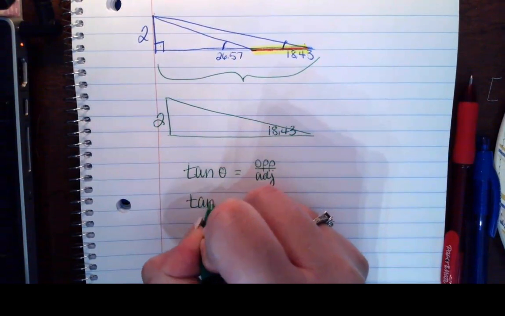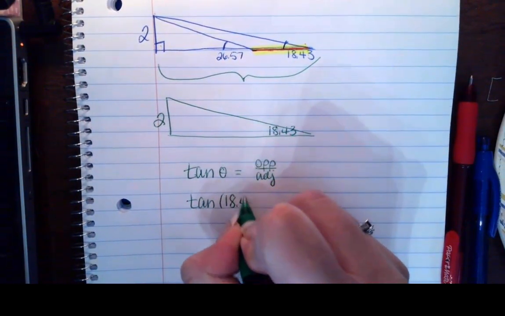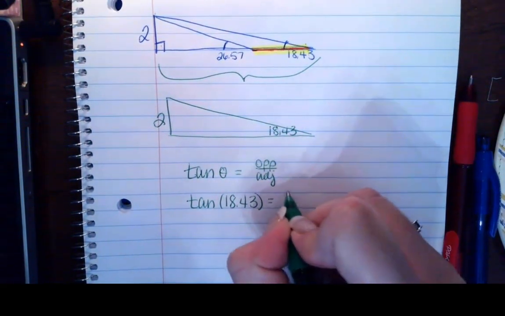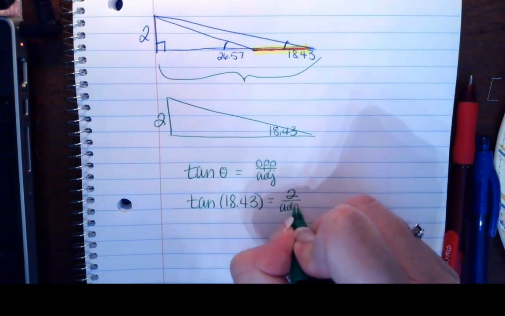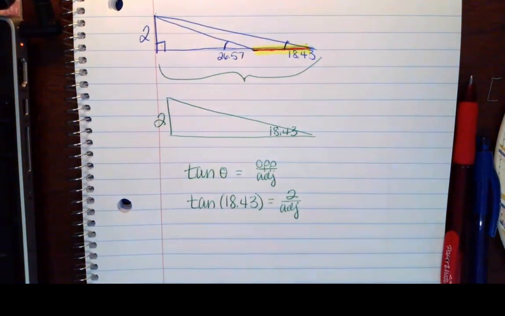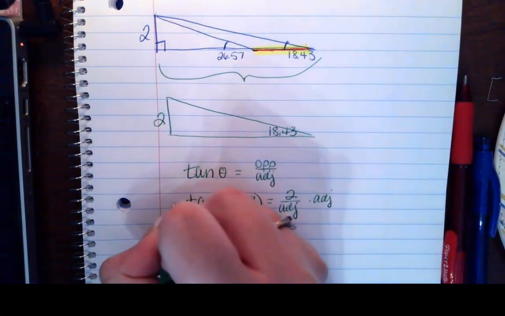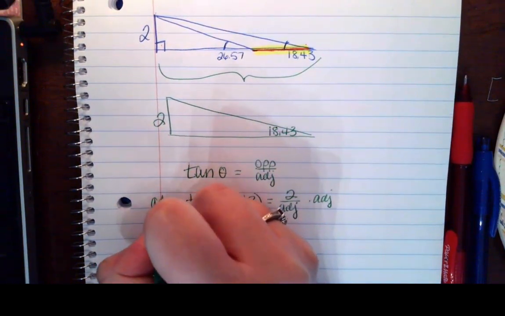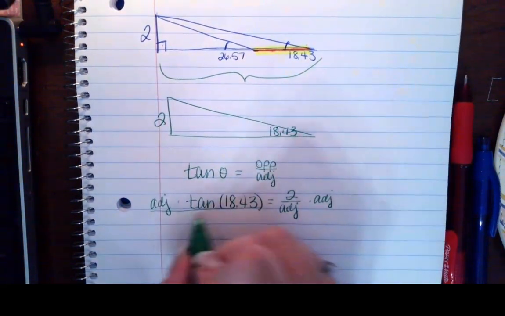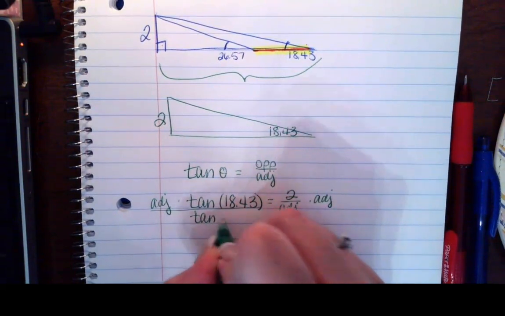Tangent of 18.43 is going to equal 2 over the adjacent side. So I'm going to multiply both sides by the adjacent side. And then I'm going to divide both sides by tangent of 18.43.